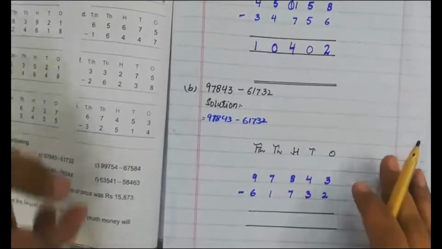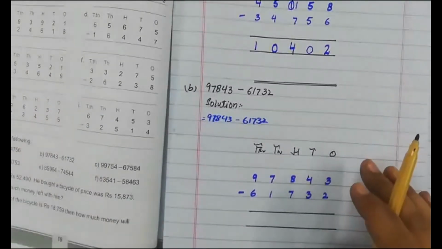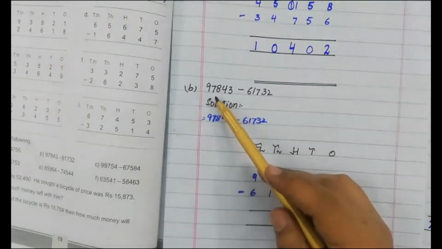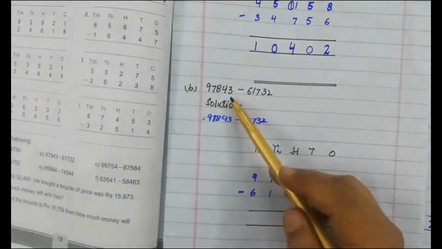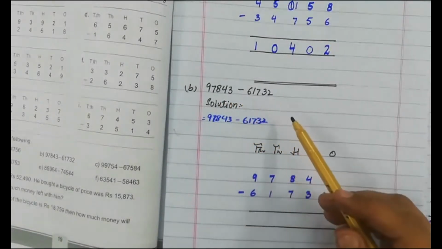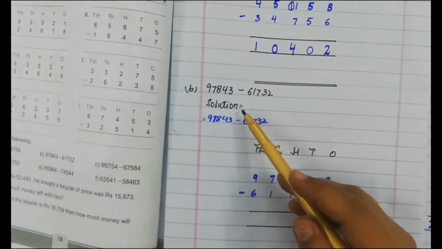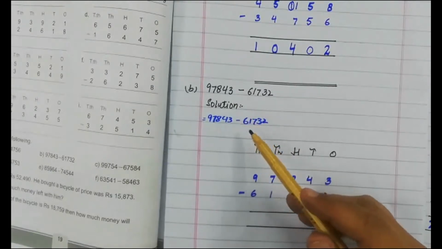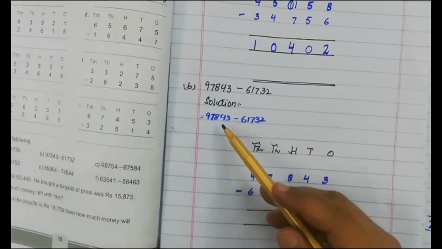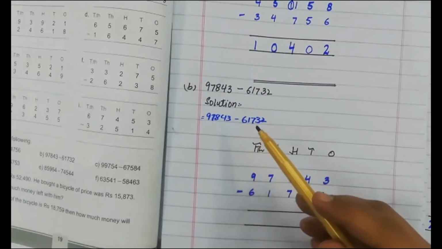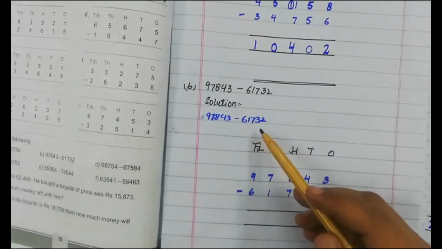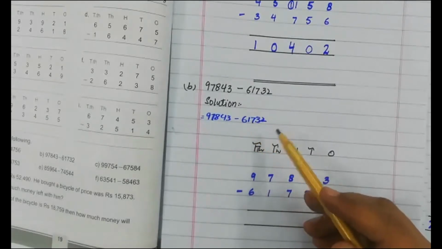Now we are moving towards our part B, that is 97,843 minus 61,732. Now you have to write the solution. Then you have to repeat the question. Clear? 97,843 minus 61,732.